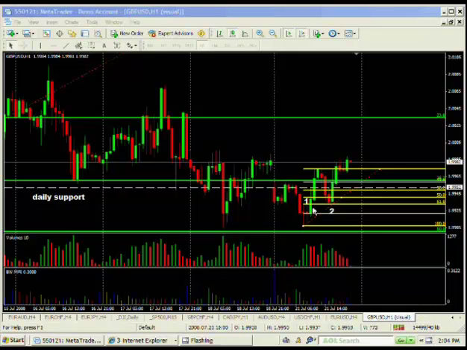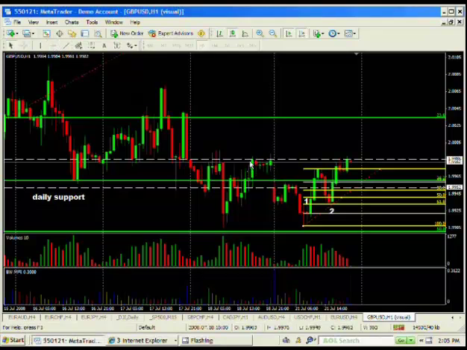But I digress. My method tells me that even though we're looking good here, we still have not broken this prior top here. See that? That's the last prior top.